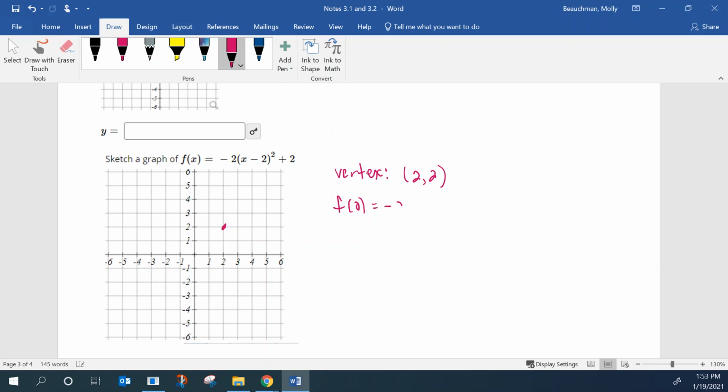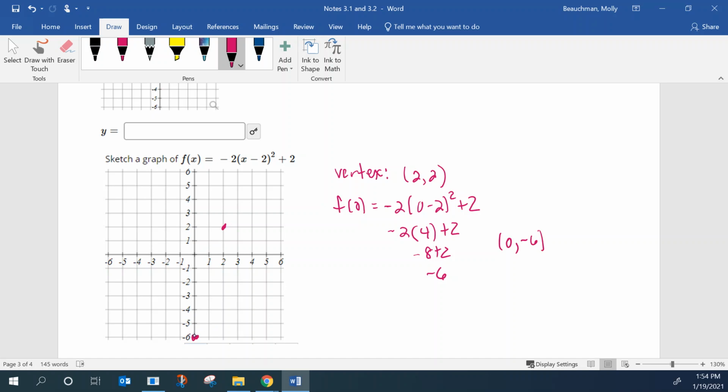We get negative 2 times 0 minus 2 squared plus 2. That would be the y-intercept by letting x equal 0. That gives me negative 2 times, let's see, negative 2 squared is positive 4. Negative 2 times 4 is negative 8 plus 2, which is negative 6. So I found my y-intercept is 0, negative 6.